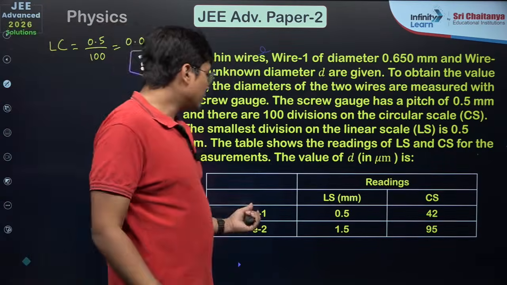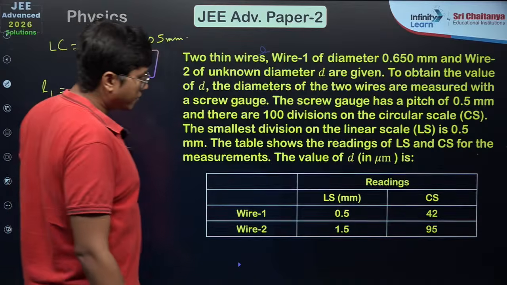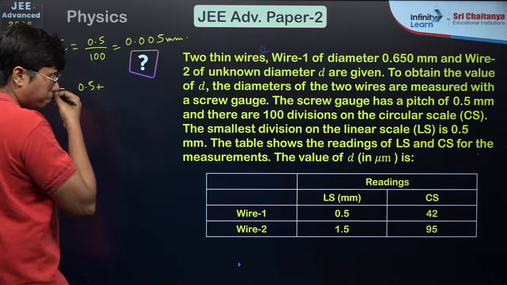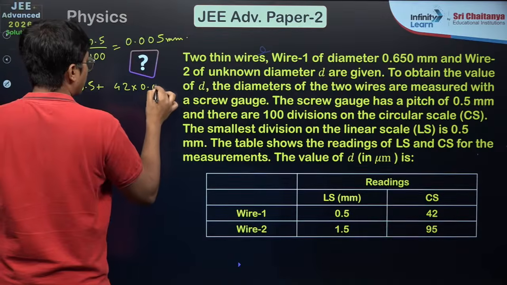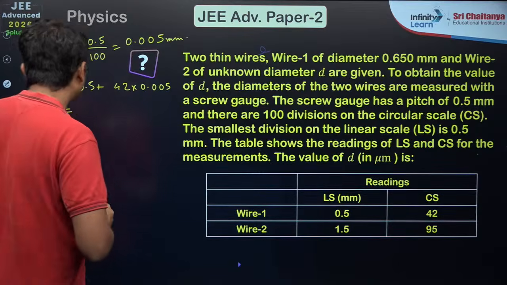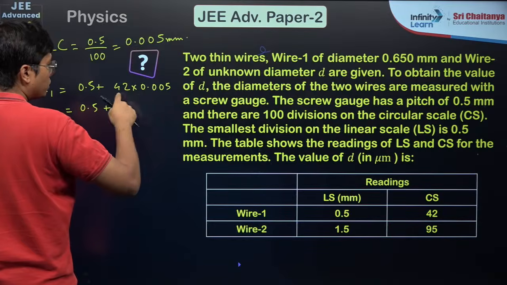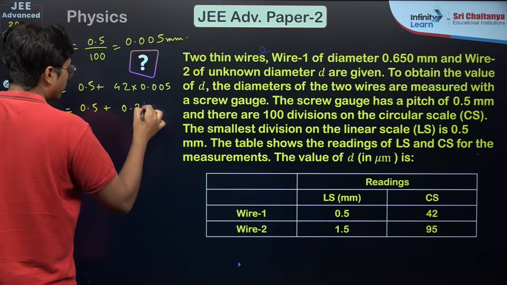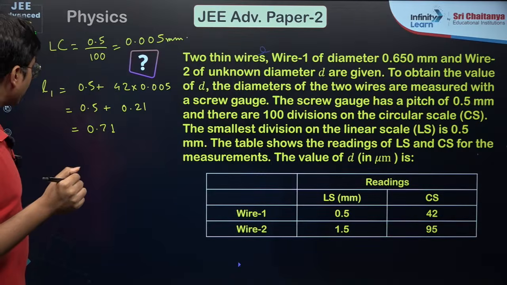Now let's look at the measured reading of the first wire. First wire is 0.5 plus 42 into 0.005, which makes it 42 into 0.5 is 21, that is 0.21. That makes it 0.71. Okay, did we do it correct?